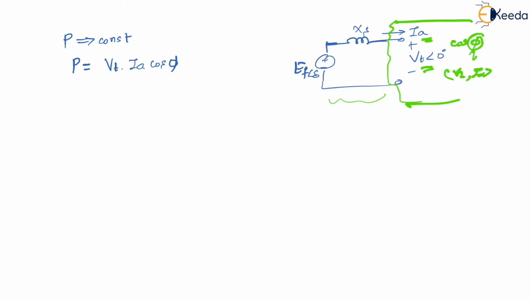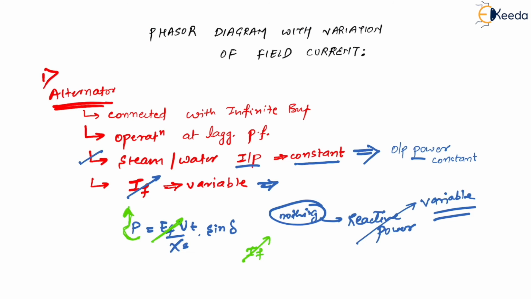So now you please tell me, let us understand infinite bus. When I say that it is connected with infinite bus, what does that mean? It means that Vt, the terminal voltage, is constant and frequency is also constant. Yes or no?